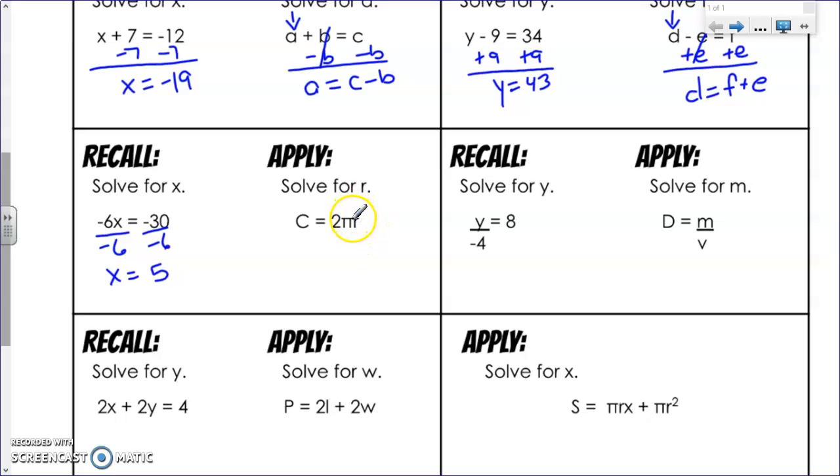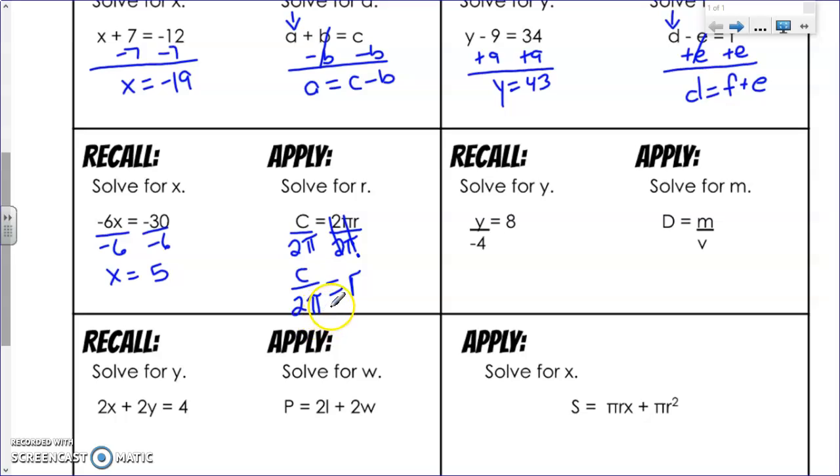So what is with r that I need to get away from r? Pi and 2. They're being multiplied, so what's the opposite of multiply? Divide. So I divide both sides by 2 pi. I get c over 2 pi equals, that cancels and that cancels, so it just leaves me r.